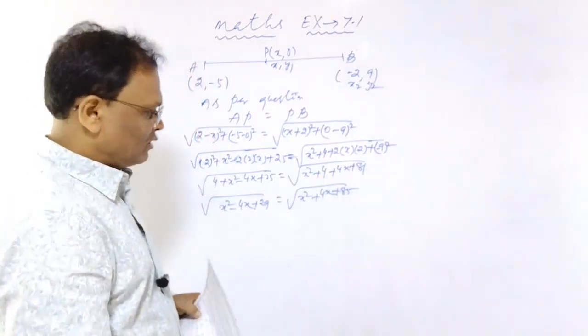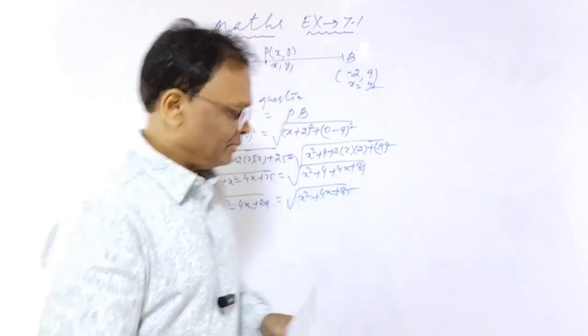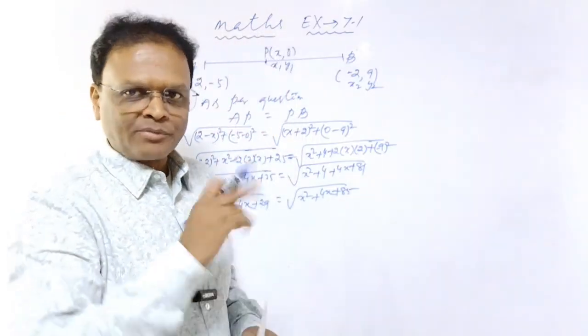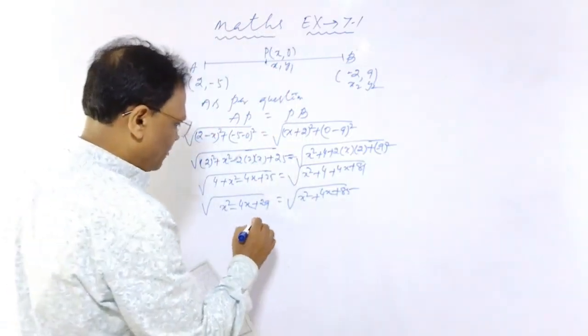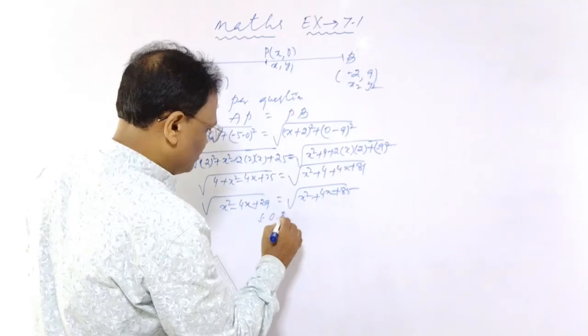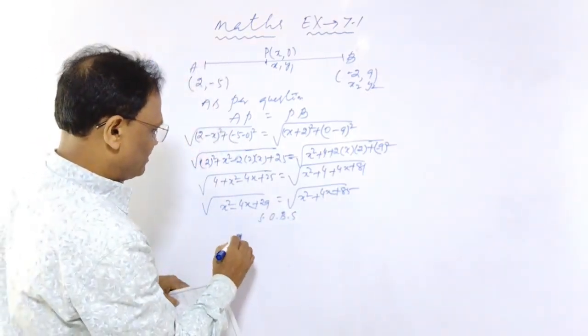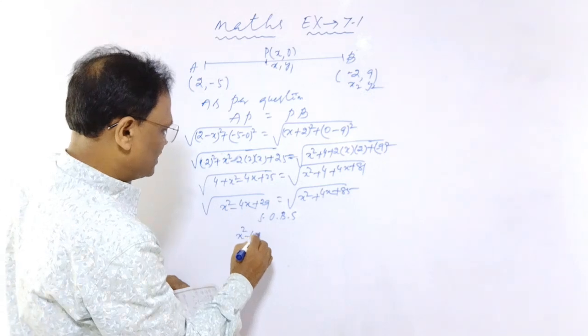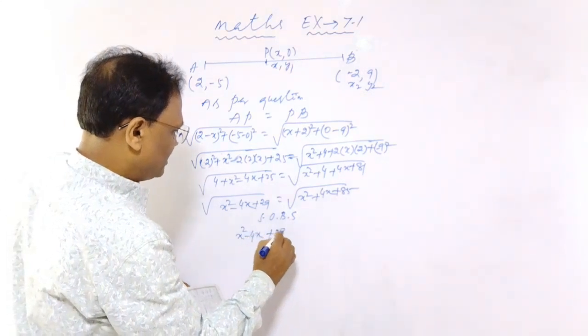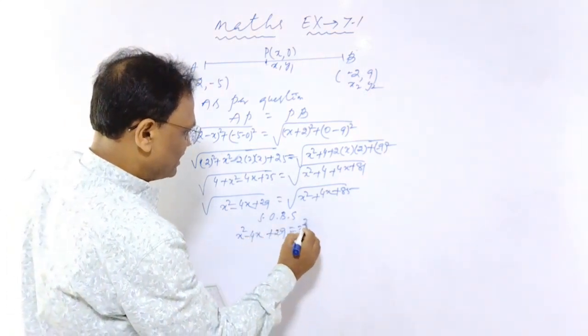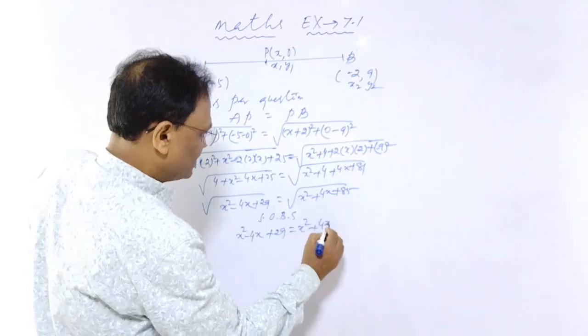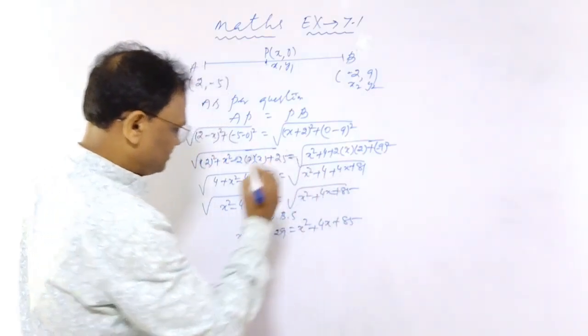Now if I square on both sides, the roots will be cancelled from both sides. So squaring on both sides, what I am getting: x square minus 4x plus 29 equals x square plus 4x plus 85.